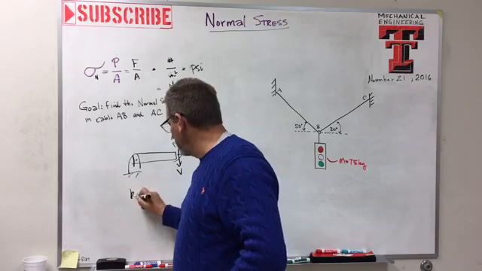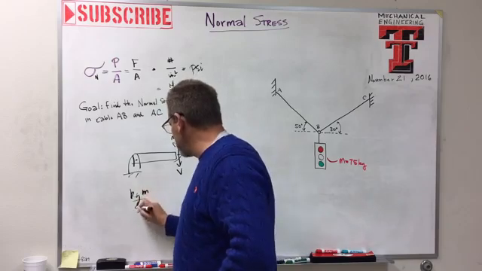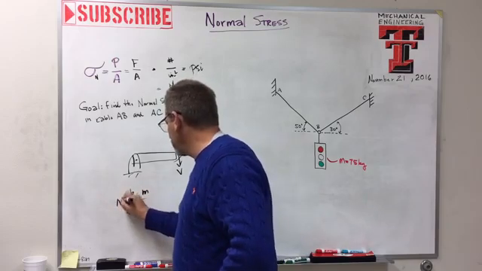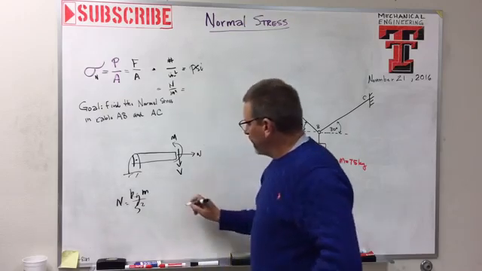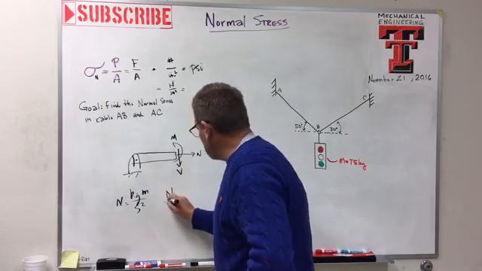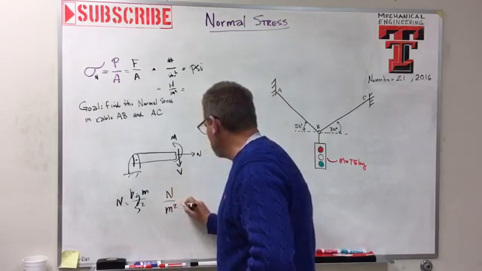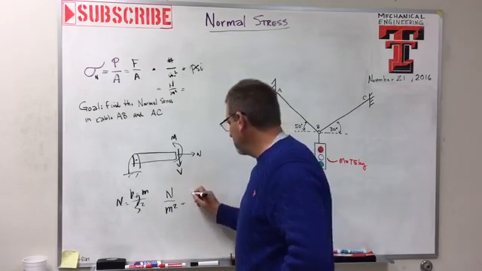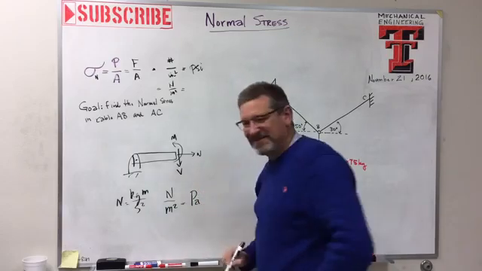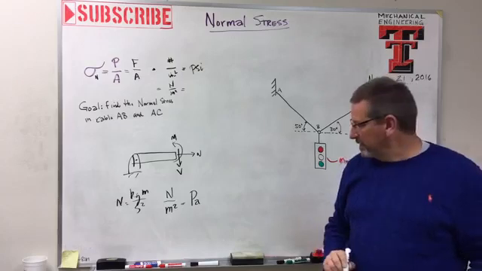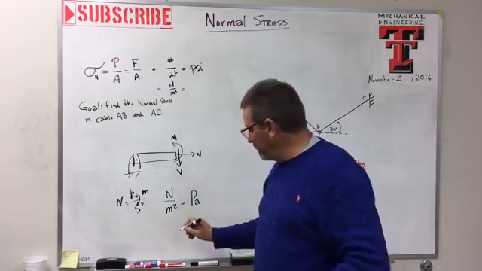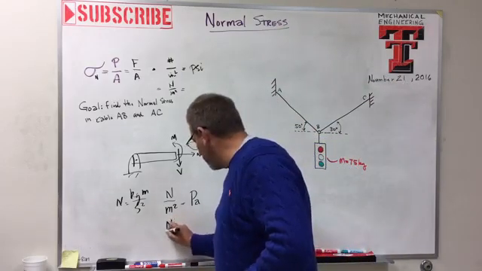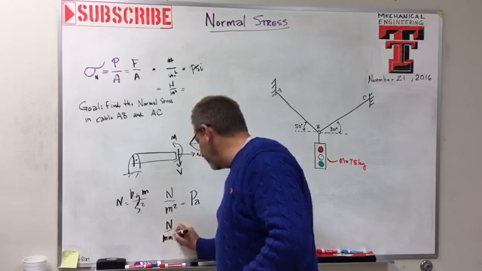A kilogram meter per second squared is a newton, right? But if we do a newton divided by a meter squared, that's a Pascal, okay?